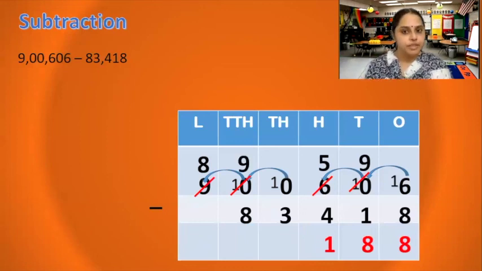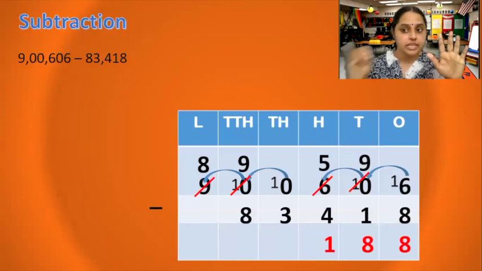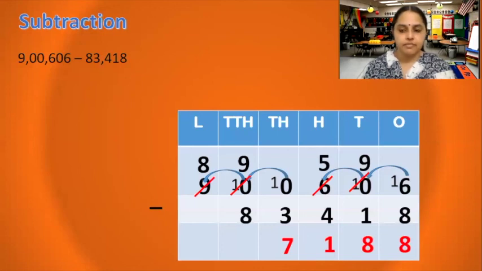Now can we subtract? Yes. From 10 can we subtract 3? Yes. So after 3, start counting till 10, everyone: 4, 5, 6, 7, 8, 9, 10. So 10 minus 3 is 7. What is 9 minus 8?